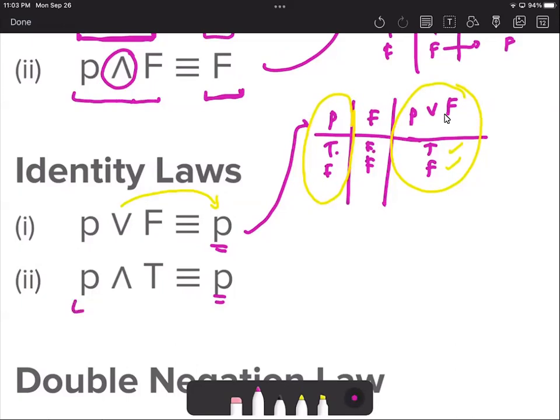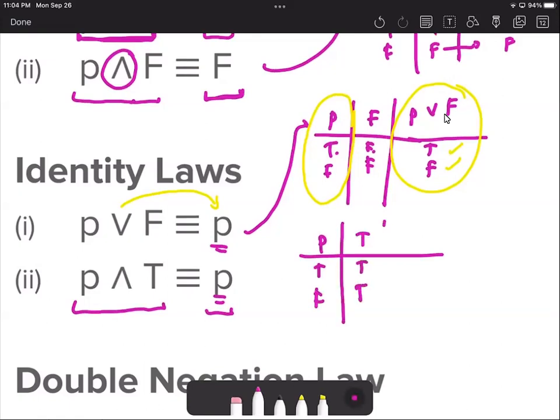Now, another identity law states that P and true is logically equivalent to P. Okay, so we have, rewriting P again, we have true, false, and true. So taking the conjunction of P and true, we're taking the and, so this will result to true or false.